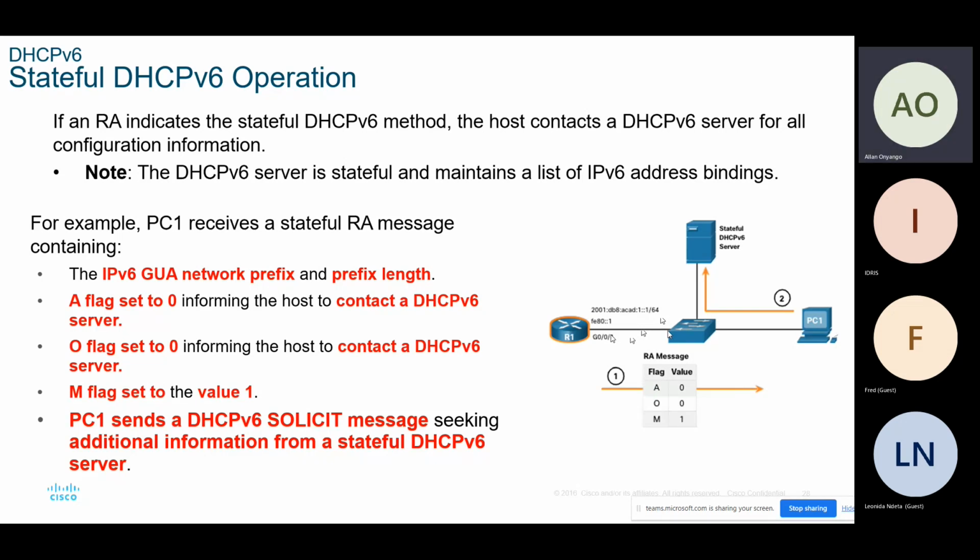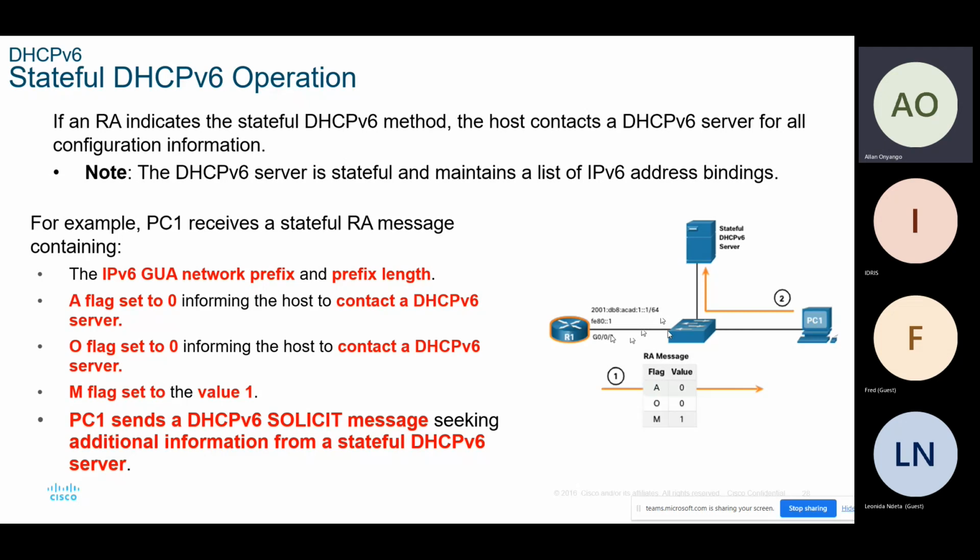And so the A flag must be set to 0, informing the host that they need to contact a DHCP server. And the O flag is also set to 0. So both the A and the O flags are set to 0, informing the host device to actually check with the stateful DHCP server.